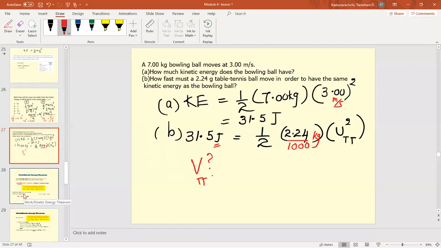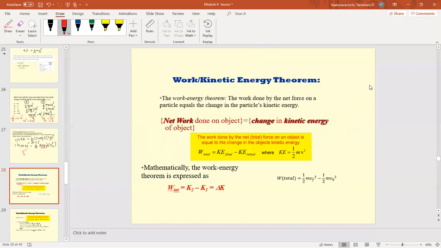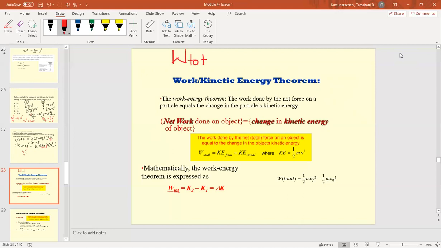Okay, now we are in a position where I could give you the work energy theorem. The work energy theorem tells us the net work done on the object, net work meaning the total work done on the object, is equal to the change in kinetic energy. Change in kinetic energy is always final minus initial kinetic energy. Okay, final minus initial.